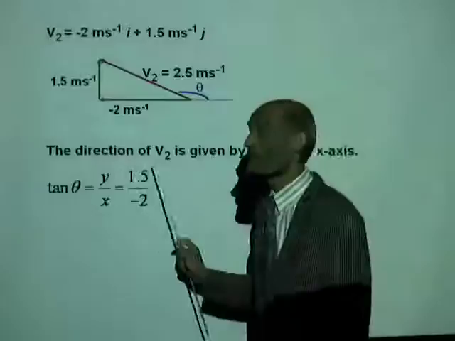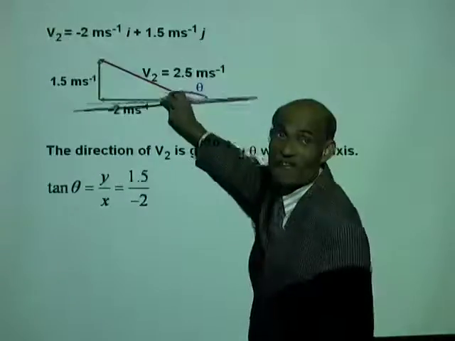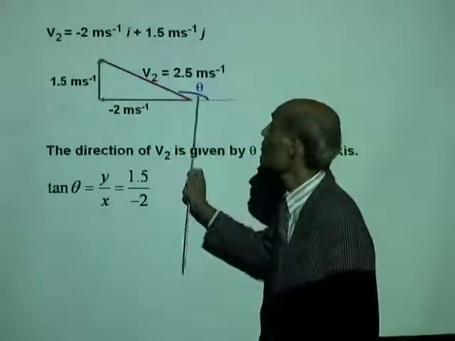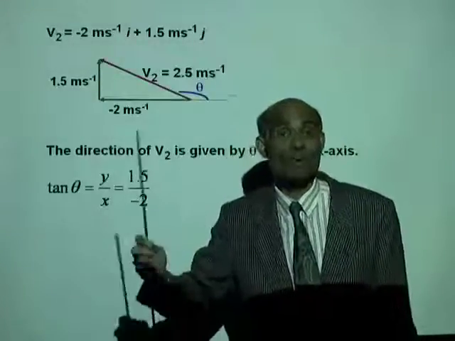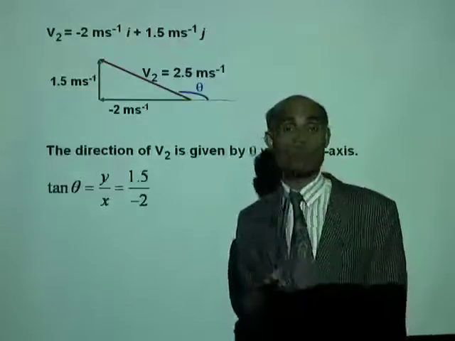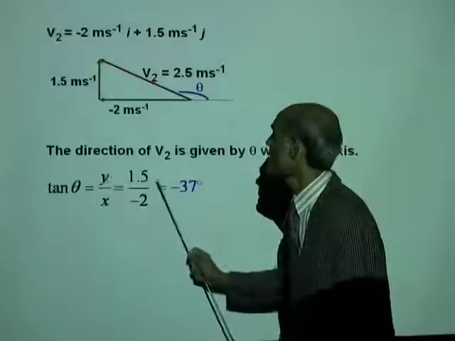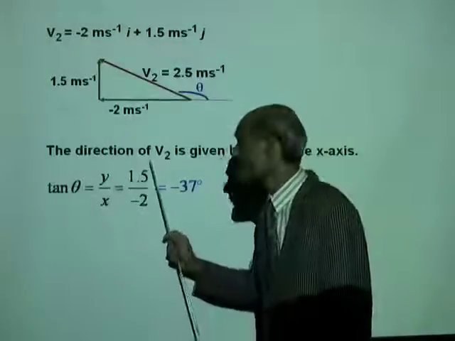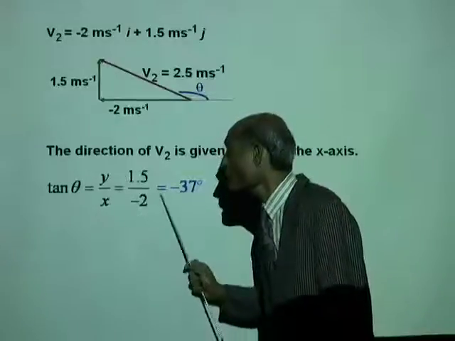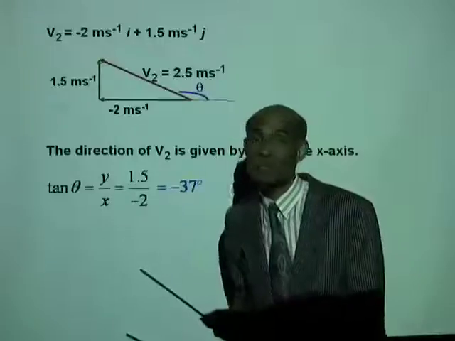This tells me that the y value is positive, the x value is negative, therefore the angle is a second quadrant angle. That information is very important for you. Now, this tan theta, if you put this in your calculator, can you now do that? Tan inverse of 1.5 divided by -2. What does that give you?